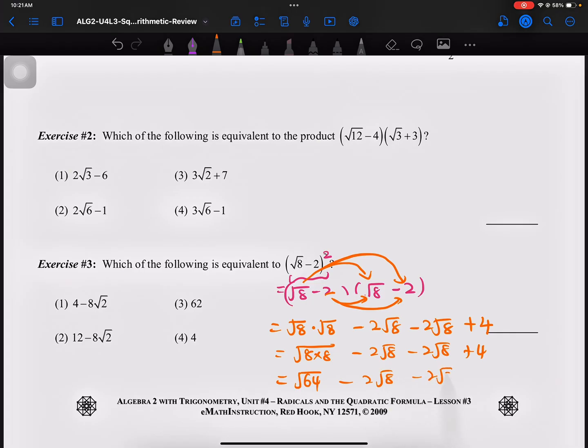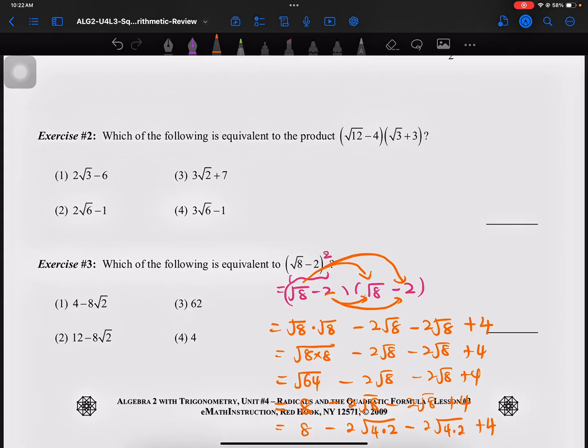So, and then you simplify √8. From 2√8, you can have 2√4 times 2, minus 2√4 times 2, plus 4.